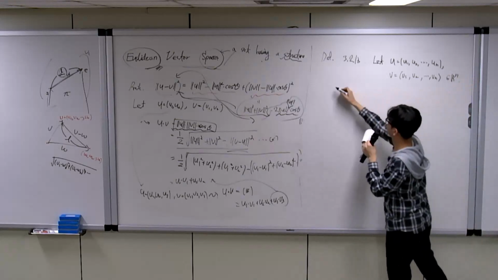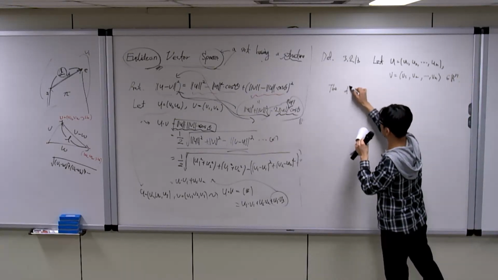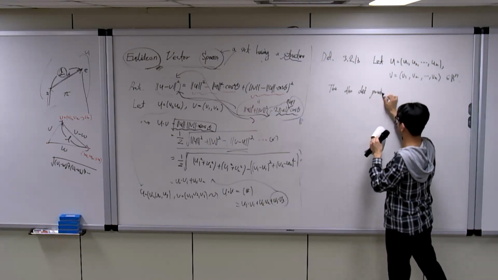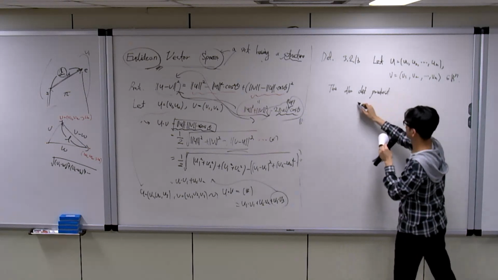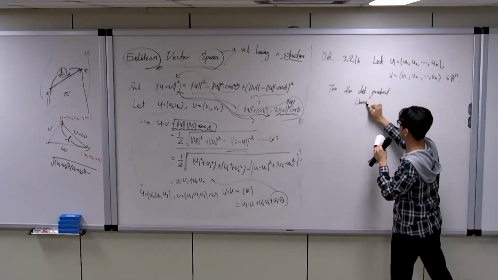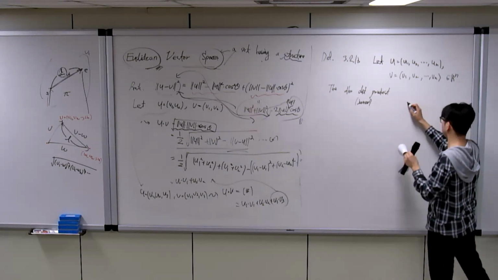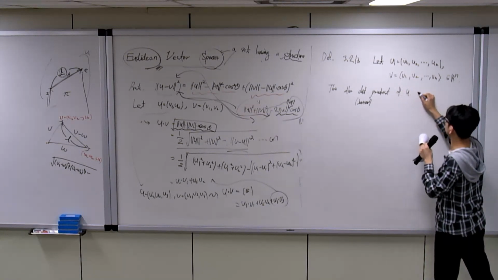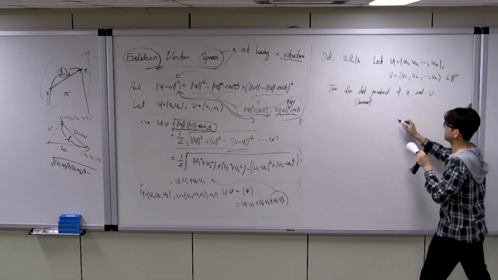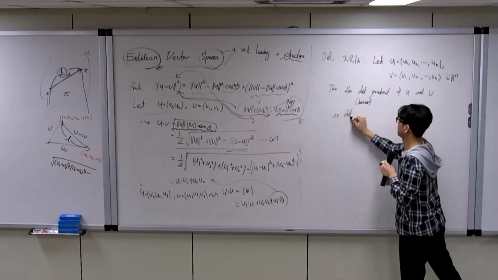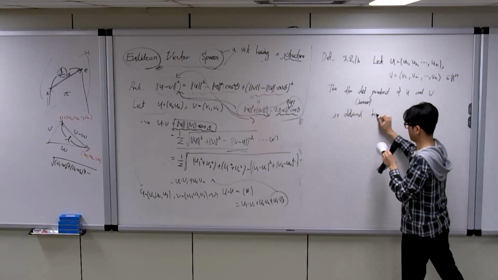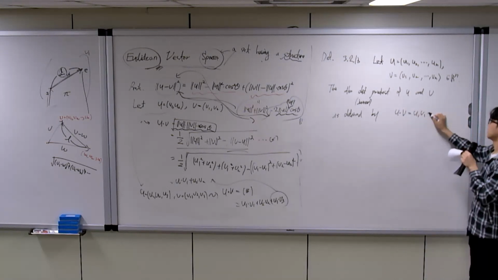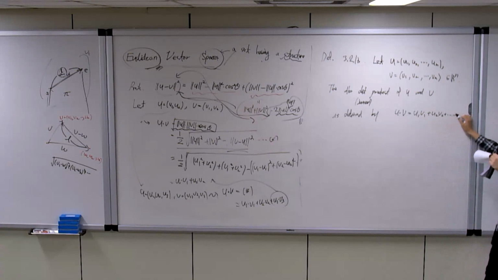Then the dot product, or I said inner product, of u and v is defined by u dot v is u1 v1 plus u2 v2 plus up to un vn.